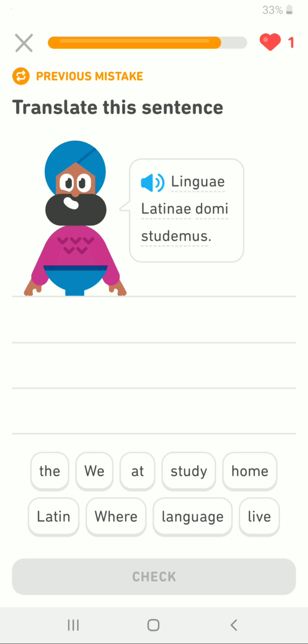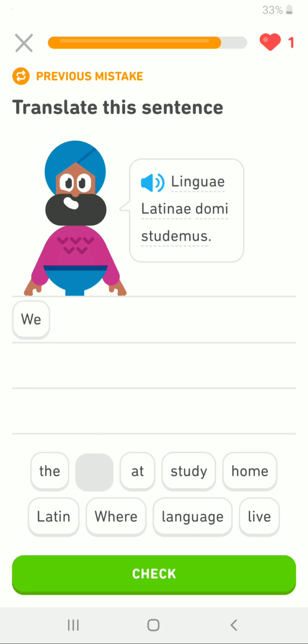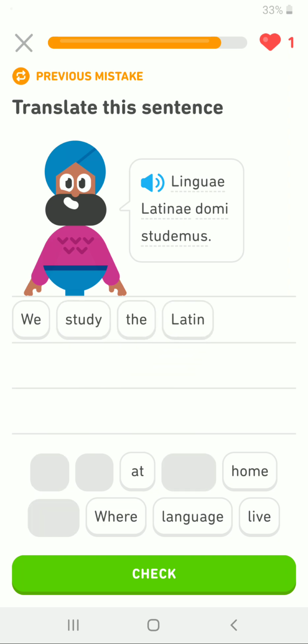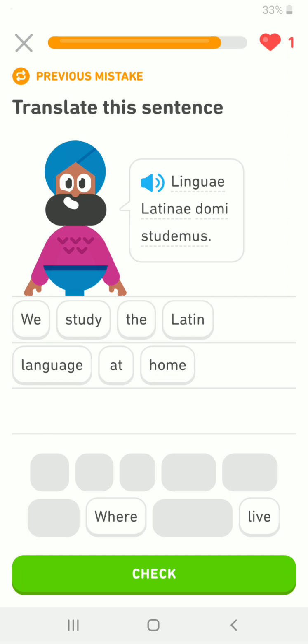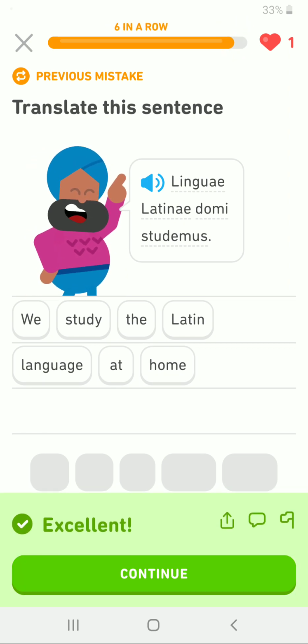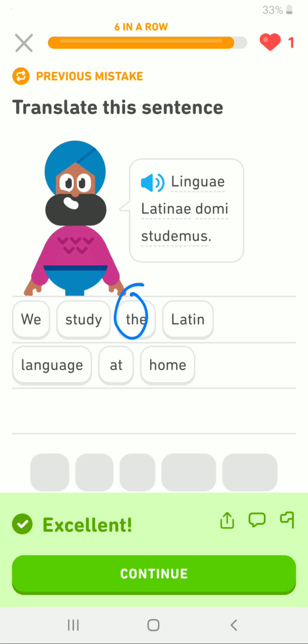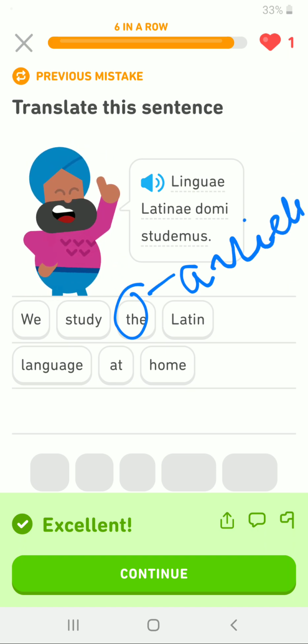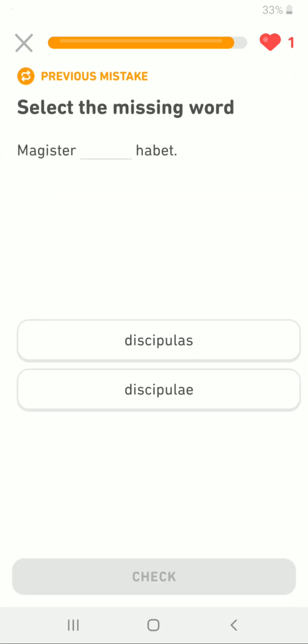Because it's studemus, we study the Latin language at home. So that was understood, but I tend to forget the article, and that's why I got that one wrong the first time.